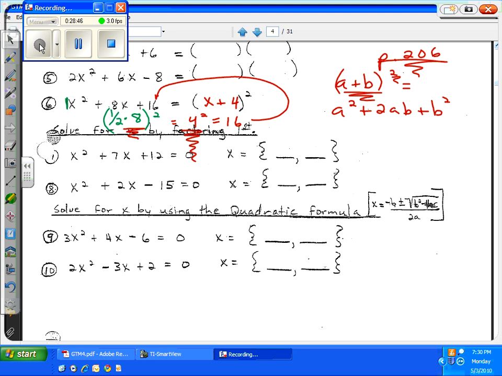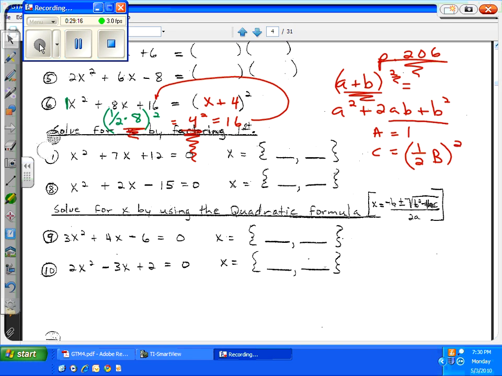Okay? Now we could use the AC method there again, but we also had it in the form of a perfect square trinomial, which factors into a binomial square. Again, the rule is to be a binomial square, a has to be equal to 1, and the value of c needs to be 1/2 the value of b, quantity squared.